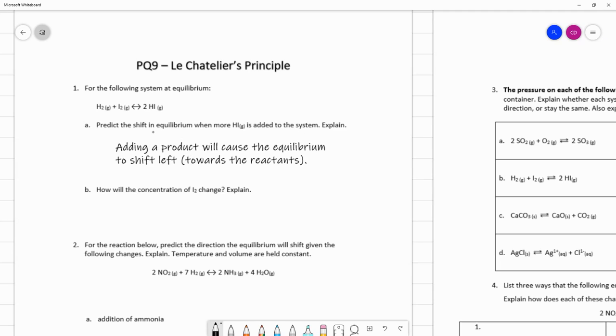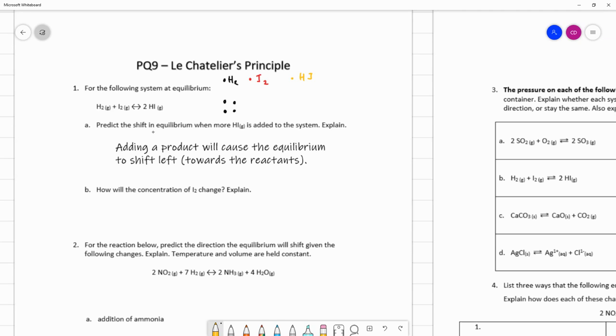So having more HI, if we just draw a few dots here, we're going to say that the black dots are hydrogen and the red dots are iodine and the yellowish dots are HI.